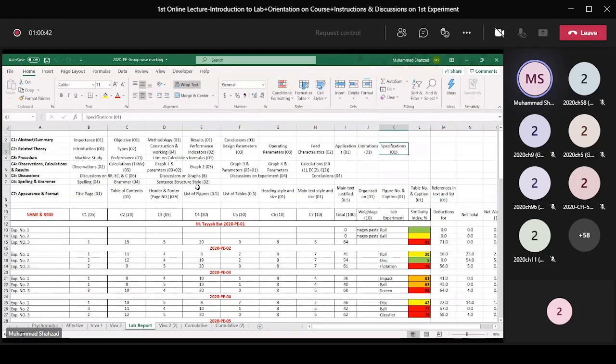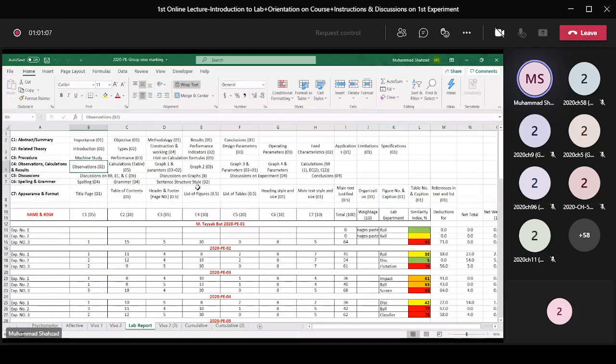You can find it from Google as well. If you search the specifications of jaw crushers, you will find the tables. You need to produce those tables or include those tables in your lab theory section. Then there comes the procedure. In procedure, machine study, problem. Observations and calculations. Laboratory observations will contain 2 marks.